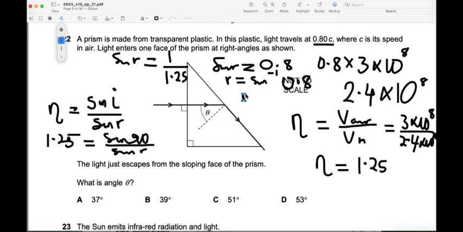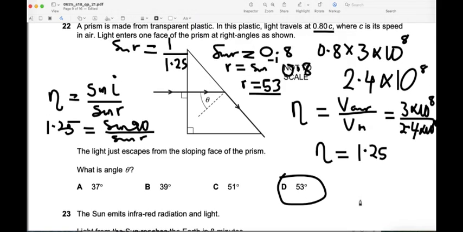So R equals 53, approximately 53 degrees. So the answer is D, 53. So angle theta equals 53. That's our answer for this calculation.